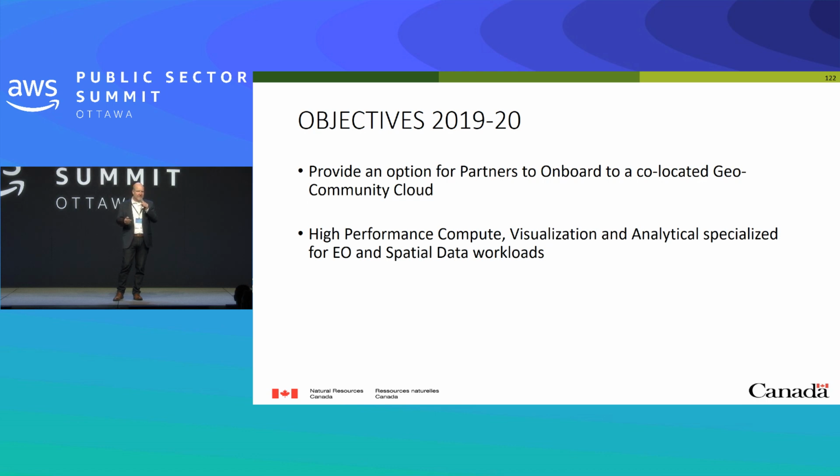We're also cognizant that we have a high-performance computing environment in Dorval. We're actively exploring what a hybrid type of a geo hub in terms of the cloud concept could look like going forward.